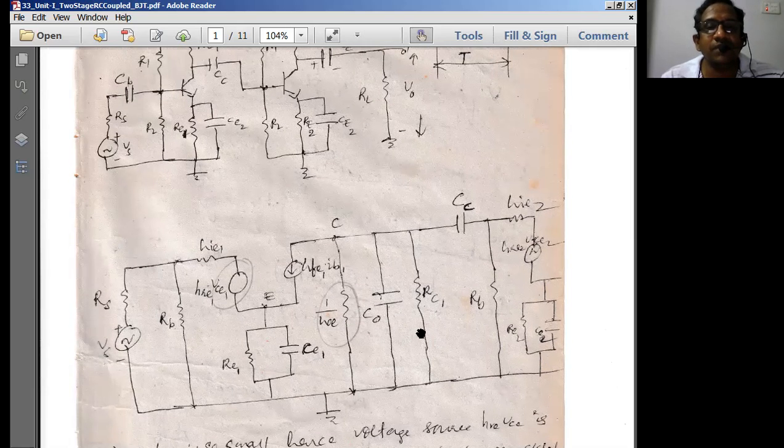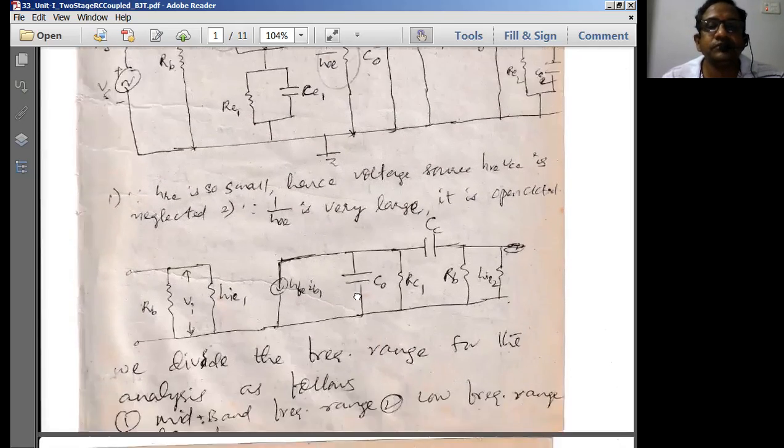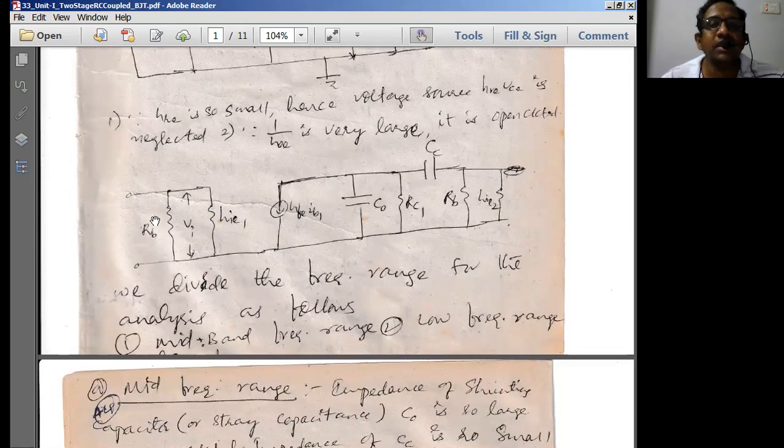While going into it, 1 by HOE is neglected as this value is supposed to be infinity, and HRE VCE is also neglected, as HRE is going to be a very small value. By doing so, we get this simple H parameter model represented with HIE and HFE IB.